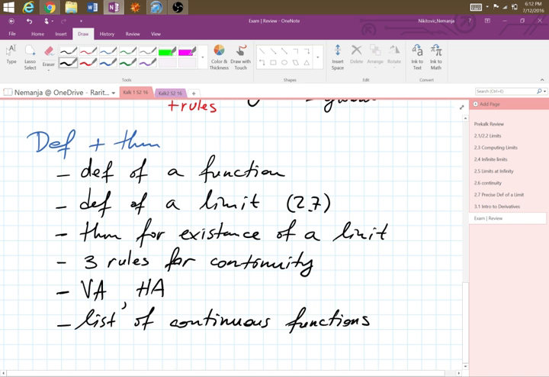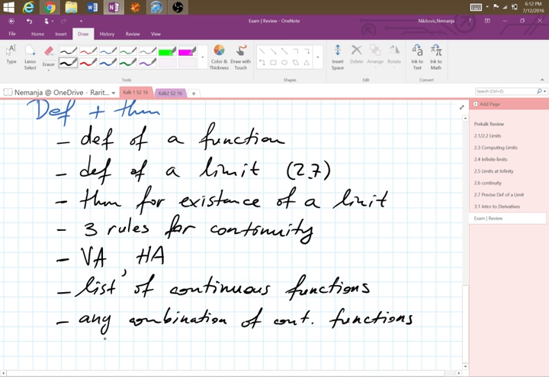And then you have the theorem that any combination of continuous functions is a continuous function. And that solves it.